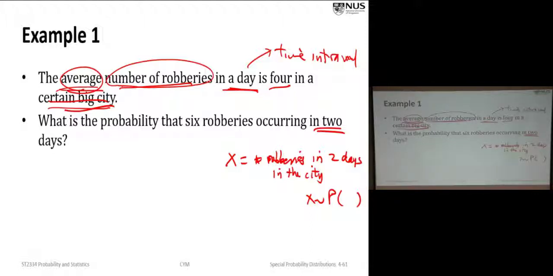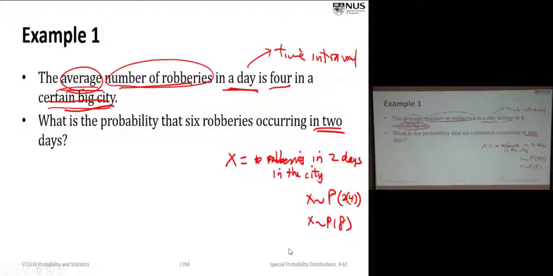So over 2 days, what is the average number of occurrences? It will be 2 times 4, because in 1 day we expect 4, so in 2 days it should be 8. In 2 days, we expect 8 robberies. So x follows a Poisson with parameter 8.